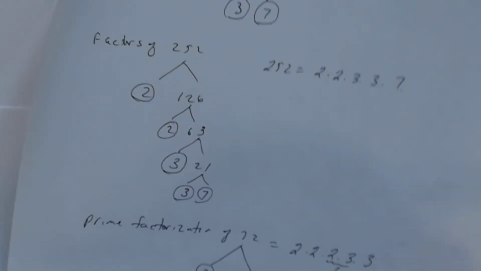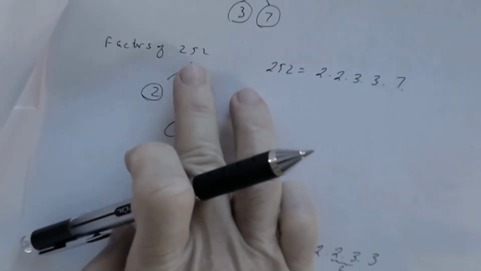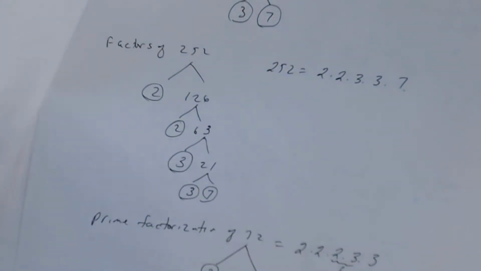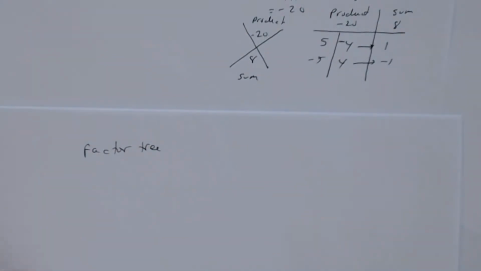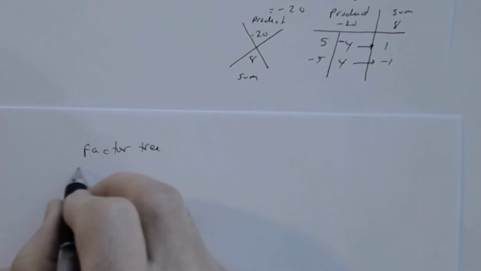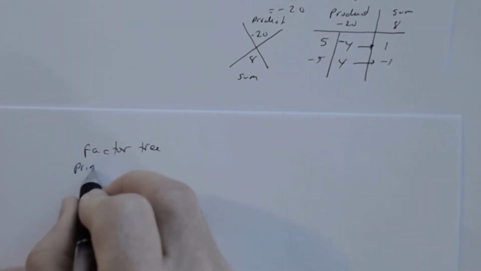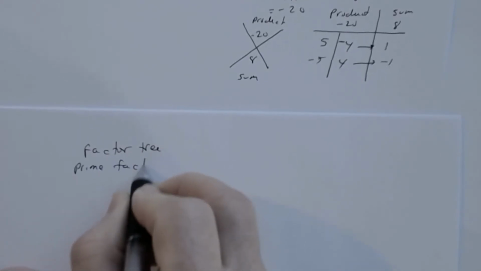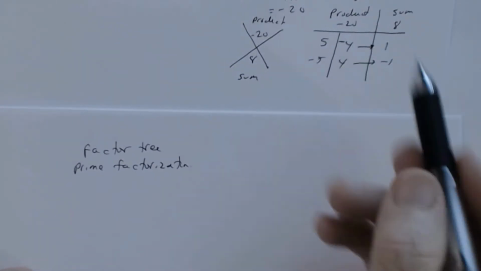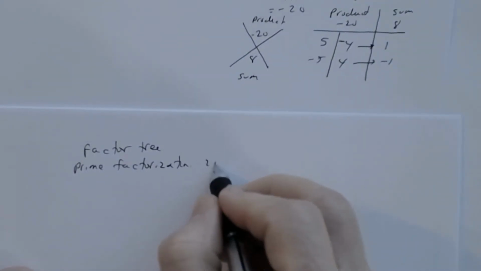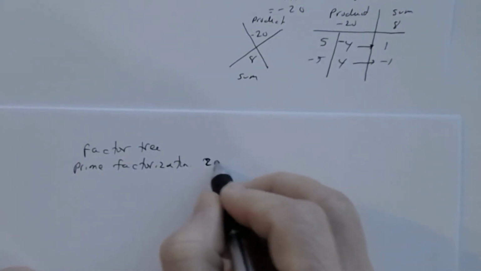So let me see if I can find it real quick. So remember this factor tree? See how we used it with those very large numbers? The factor tree is where you're actually writing the prime factorization of, in this case, 20. Now I know it's negative 20, but you always find the prime factorization of positive numbers.